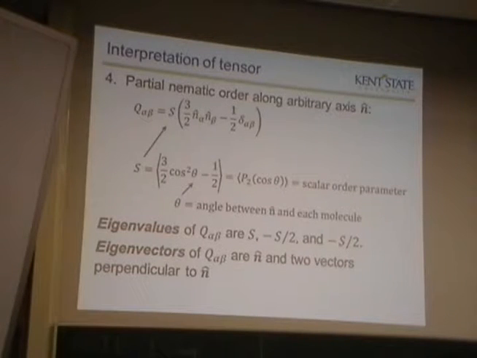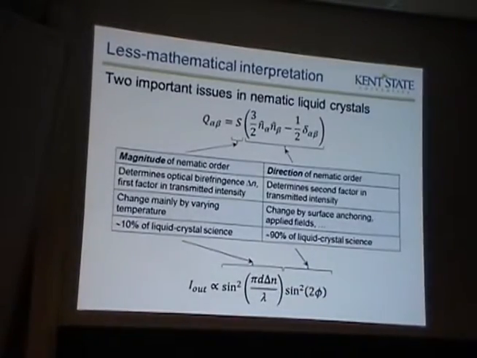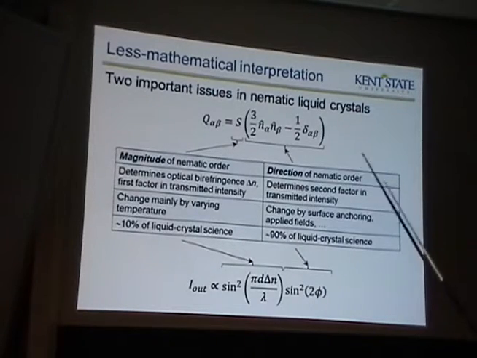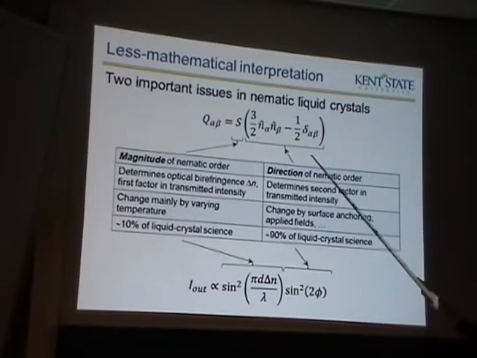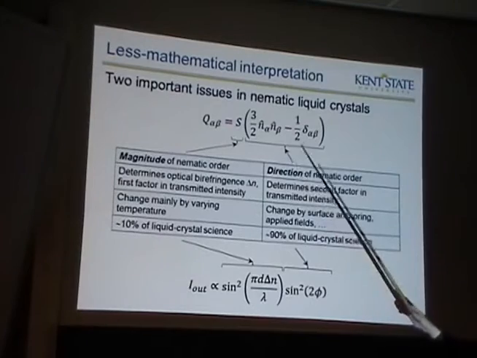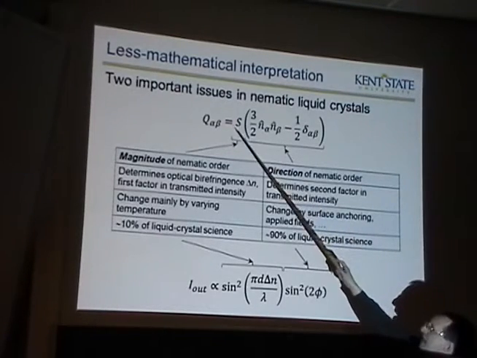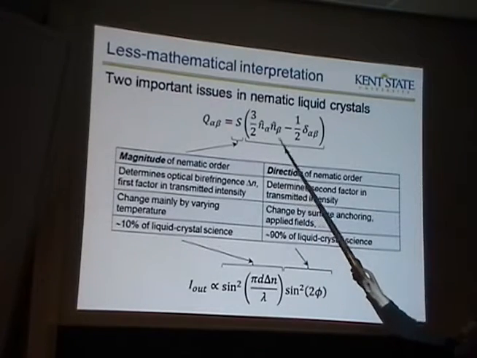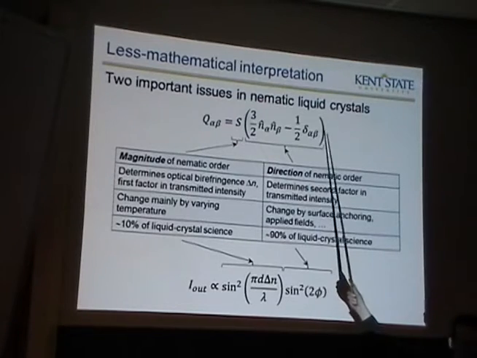Okay, so here I've been going over a lot of mathematics. Let me give you a less mathematical interpretation of the same kinds of things. When you look at the liquid crystal order characterized by this kind of tensor, you can see that it involves two sorts of factors: one factor that is the magnitude of the nematic order, and another factor that's the direction of the nematic order.